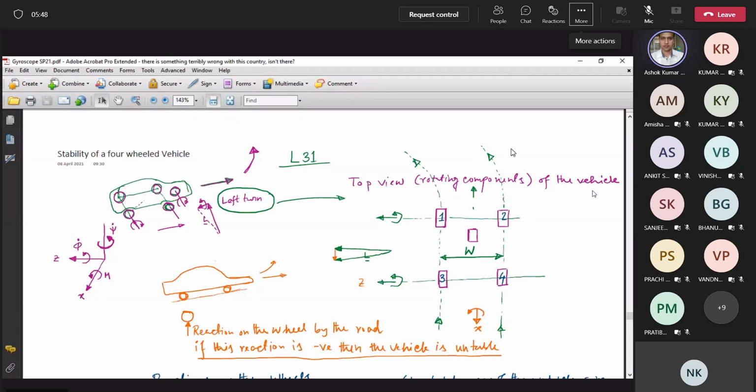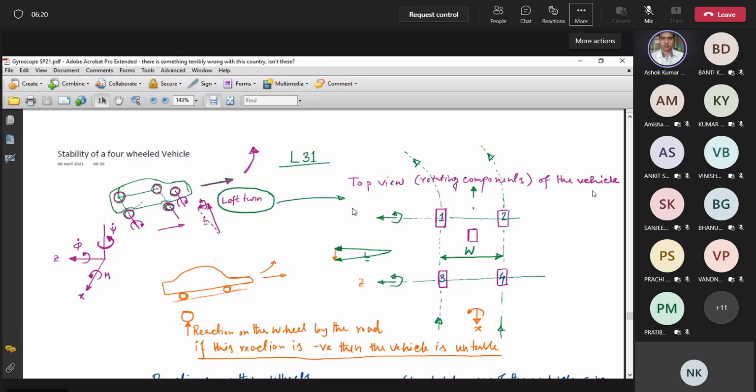Okay, so if this PDF is visible. Yes, sir. This PDF is available with you, right? Hello, this PDF is available with you. I sent it yesterday.